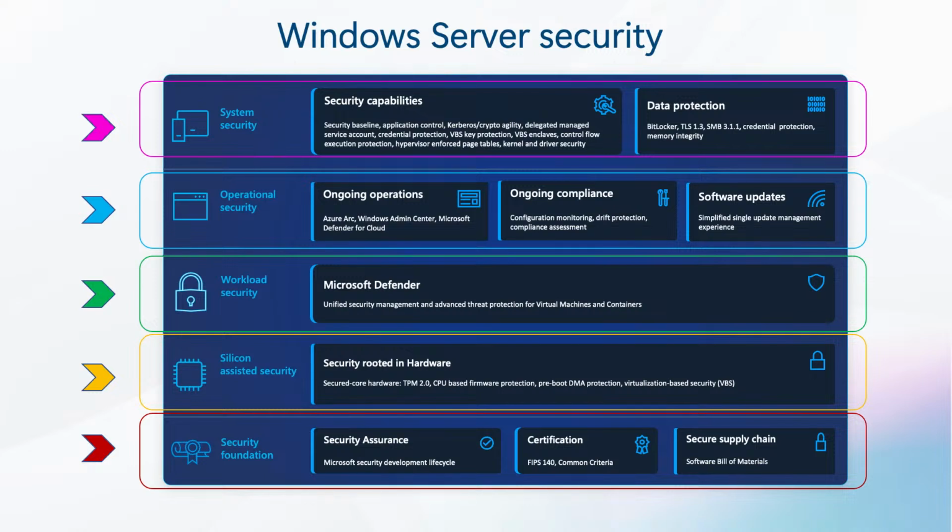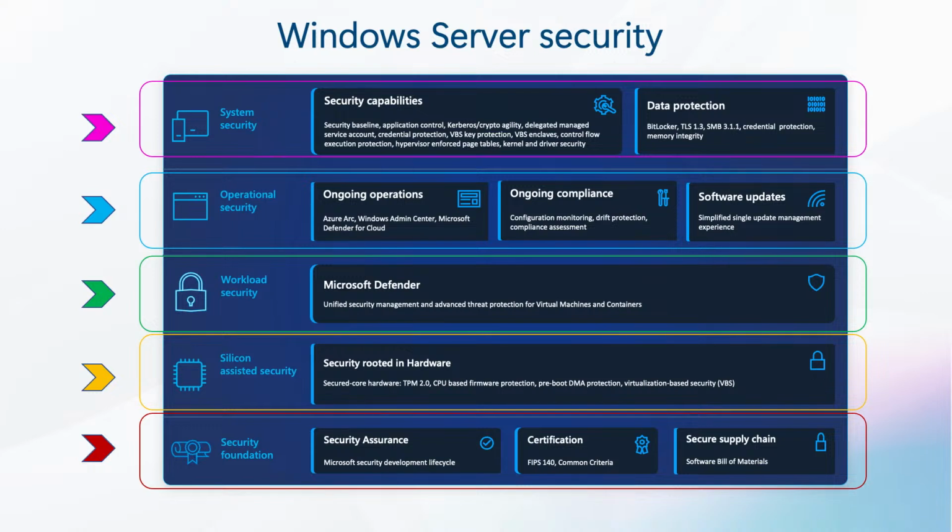Many of the security capabilities that we have already built and will continue to build rely on a strong hardware security foundation. In other words, without a strong hardware security foundation, we cannot have meaningful security at the operating system layer. To that end, we work closely with industry partners through the Windows Server certification program and the Secure Core program, and aim to raise the bar on hardware security capabilities.